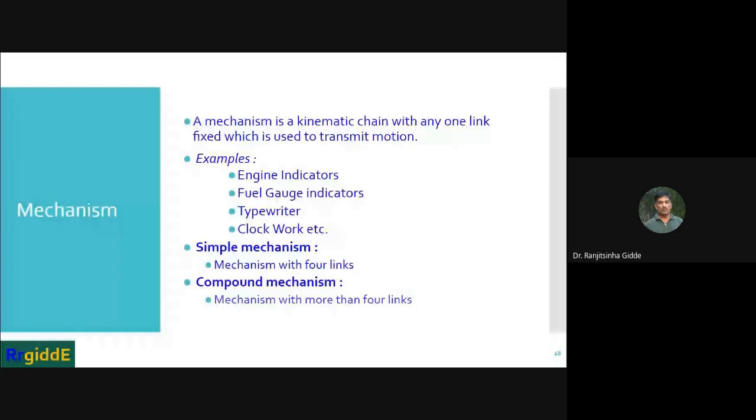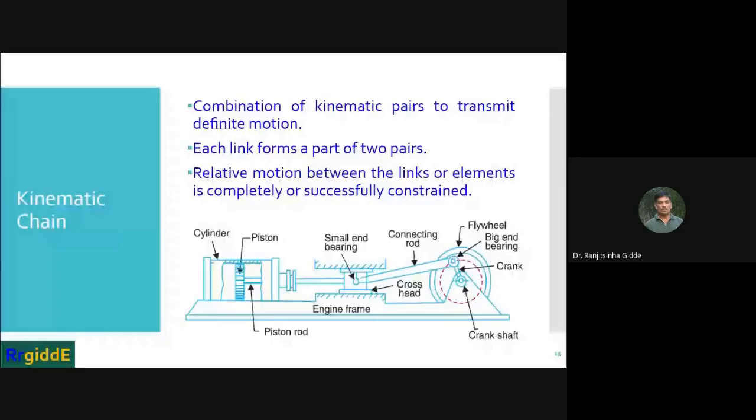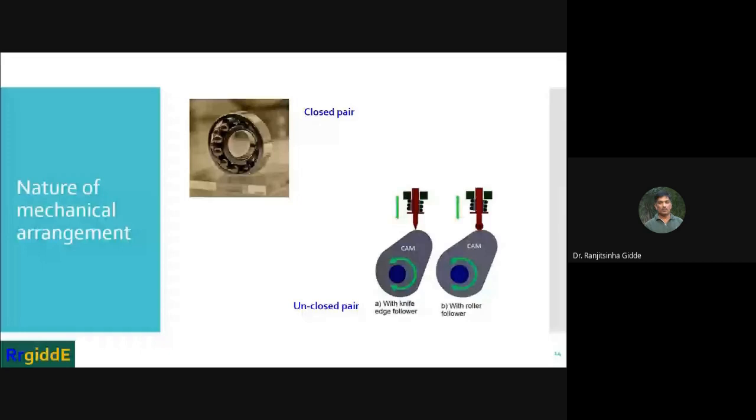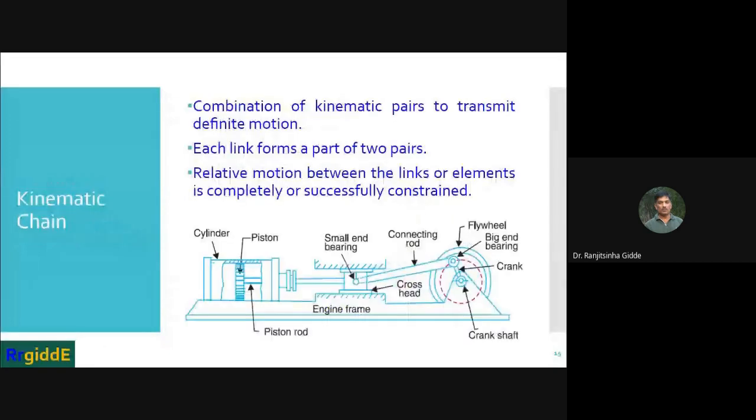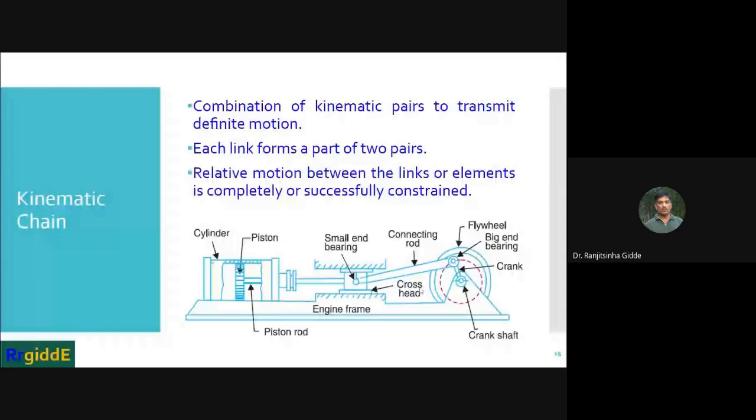And what is kinematic chain? See the kinematic chain definition once again. This is the kinematic chain: a combination of kinematic pairs to transmit definite motion. Now, this is an example of a kinematic chain to transmit definite motion.